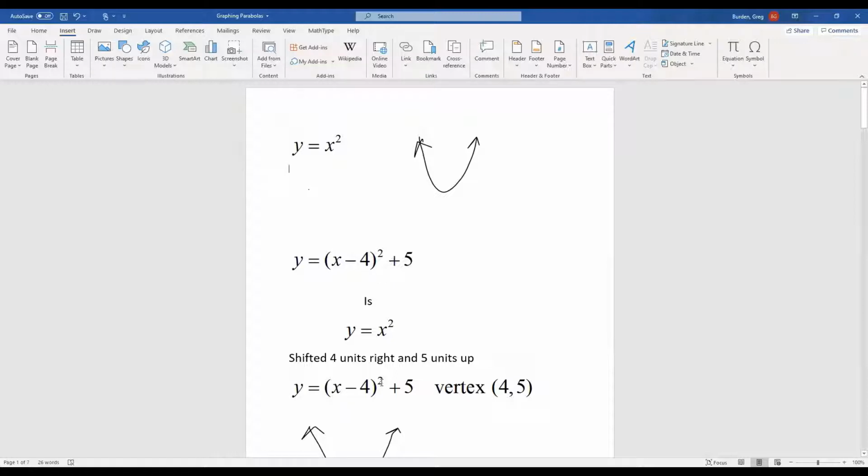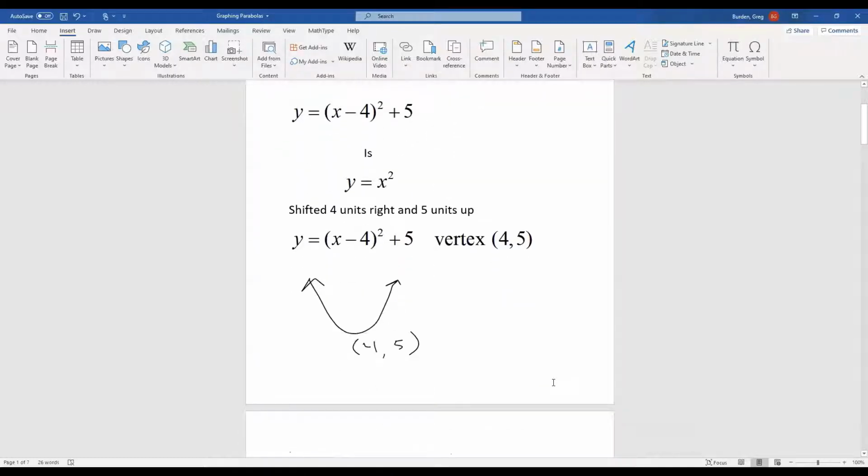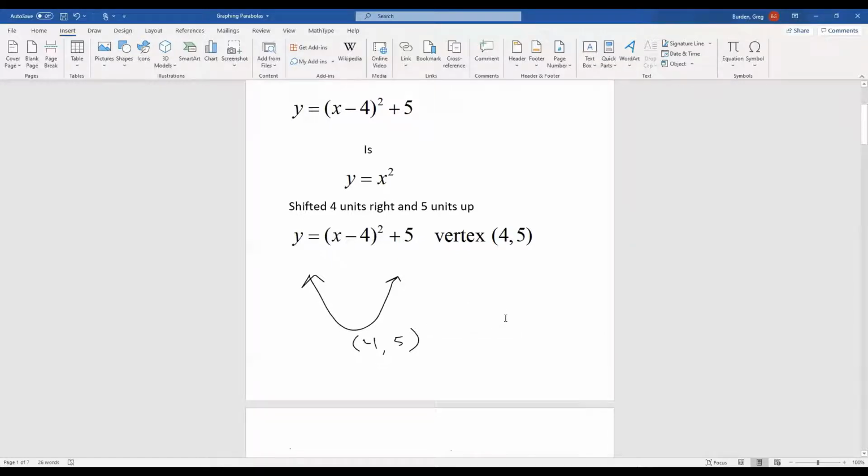Square that, you get... is that right? 1, 1 should shift to... Well, anyway, the point at 1, 1 would shift 4 units to the right and 5 units up. So that would take it to 5 and 6.